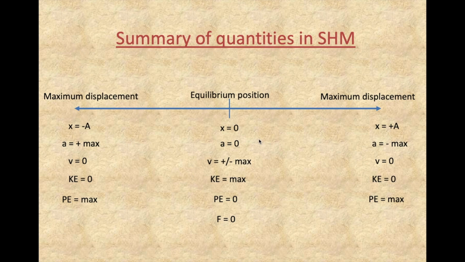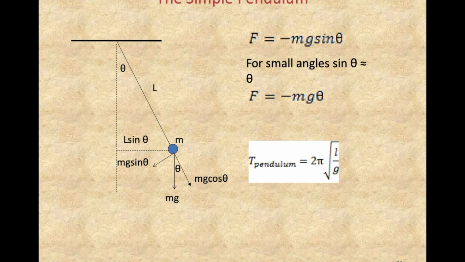This follows from acceleration being 0, or you can also link from elastic potential energy being 0. That means there's no net force towards the equilibrium position because it's already at the equilibrium position. And at the maximum displacements, that's where the force has maximum value, always in the negative direction of the displacement vector.